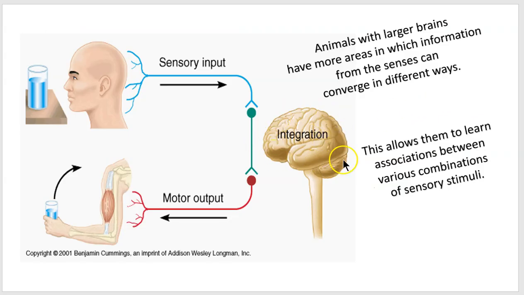And of course, animals with larger brains have more areas in which information from the senses can converge in different ways, and this allows them to learn associations between various combinations of sensory stimuli. Just think of language, for example. We have all kinds of words. What is a word? Well, it's just a sound that we make, but we want to associate that sound with some object in the world, like the sound cat.